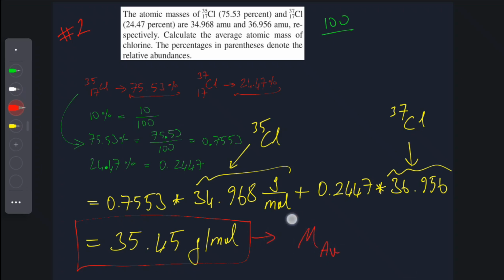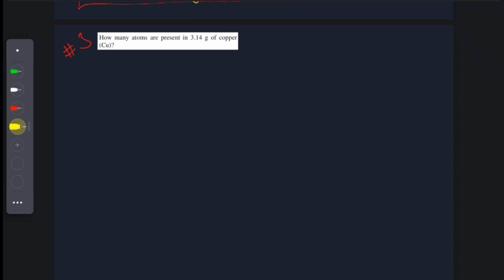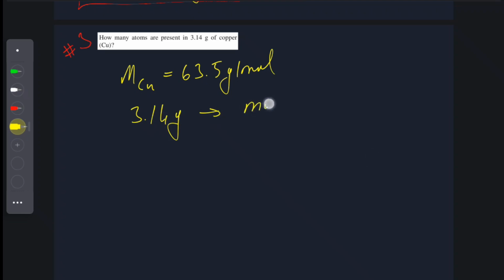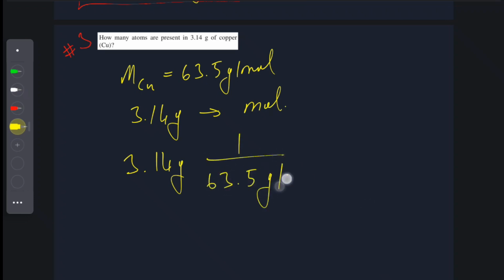We should know the molar mass of copper, which is 36.5 gram per mole, and we have to convert gram to mole, right? So what should we do? We should basically divide by the molar mass of copper.